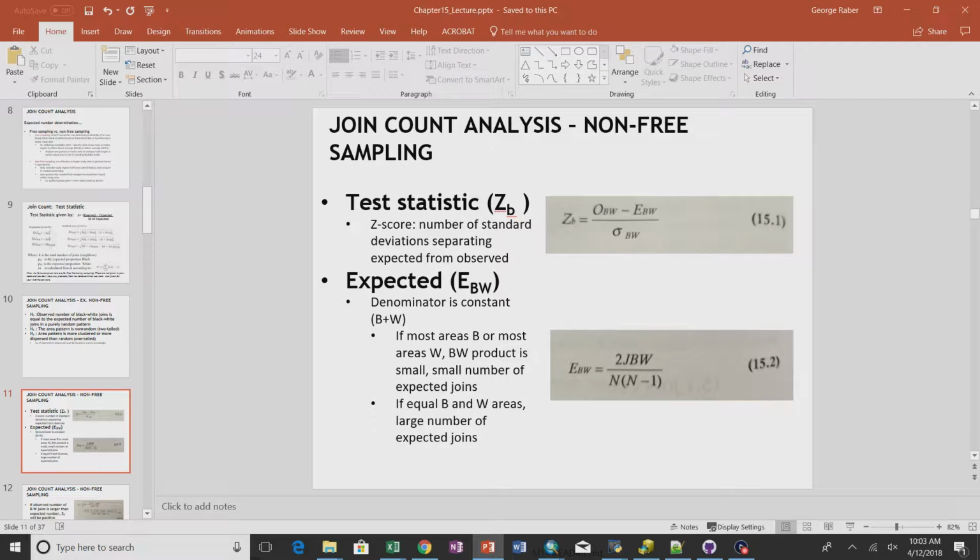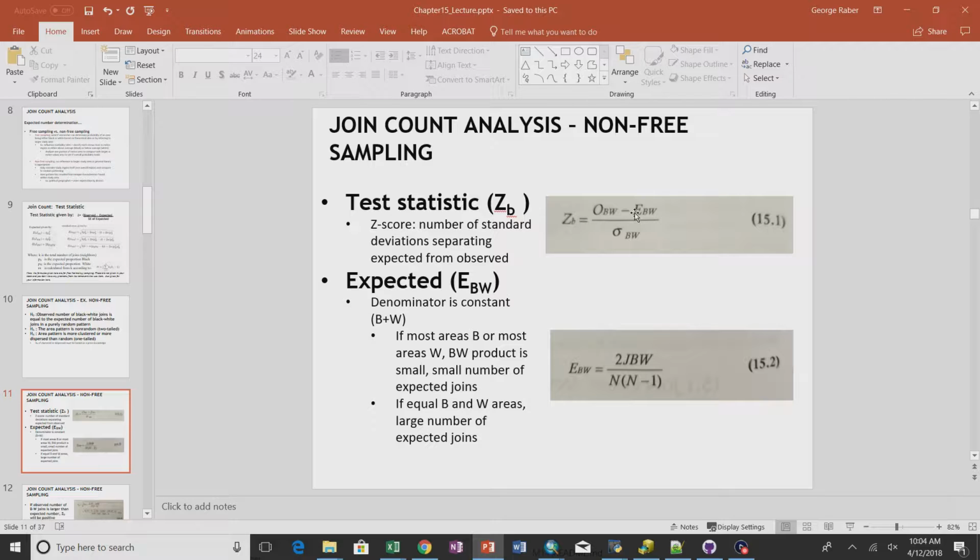So the test statistic is the same, non-free. This is just a slightly different way to word the math, but still observed, expected, and divided by the standard error of the expected. So this is calculating your expected value. This is this term right here, your expected join count.